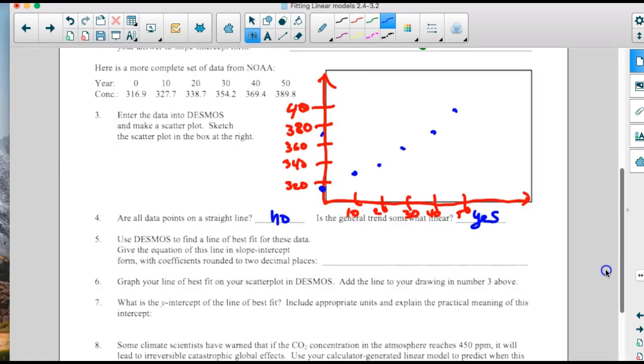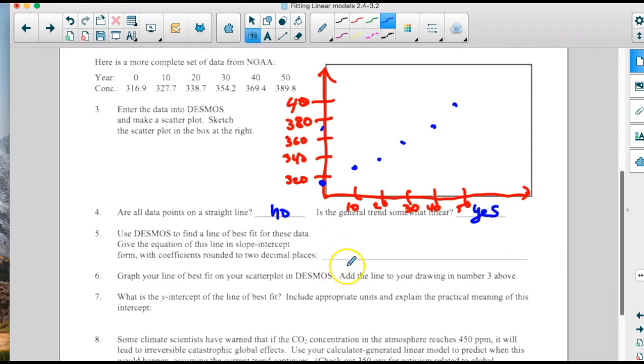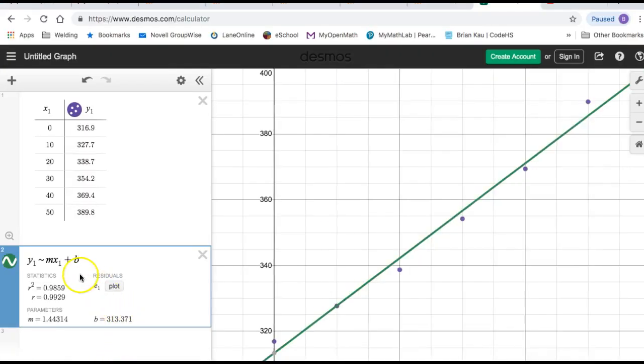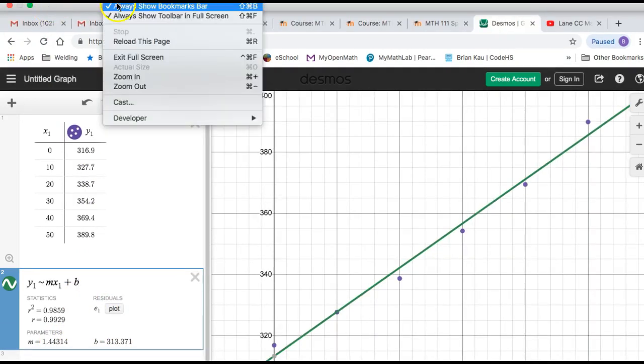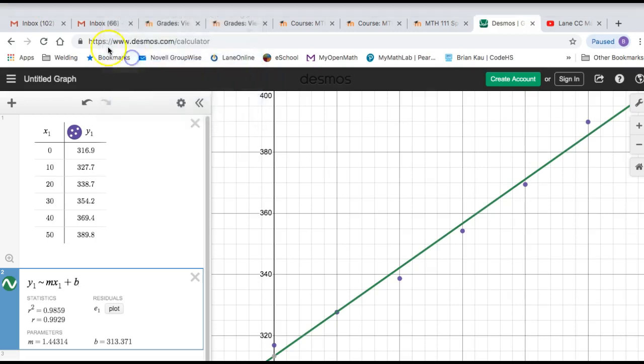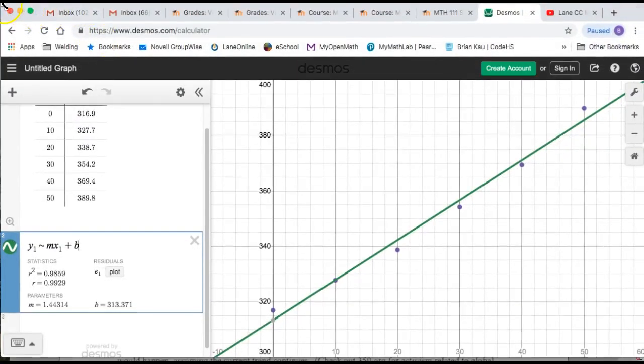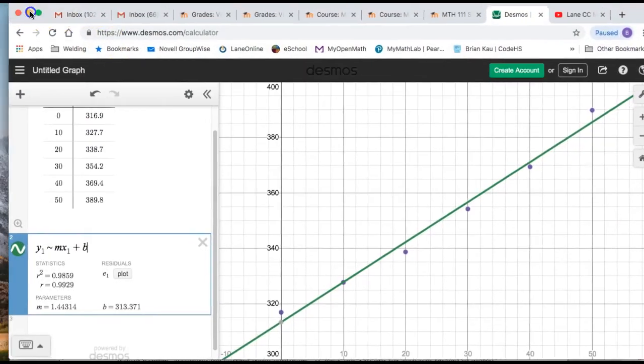So now we have already done this part. It's given us the equation. We just need to write it down. So what we would do here is look at the equation we have right here.